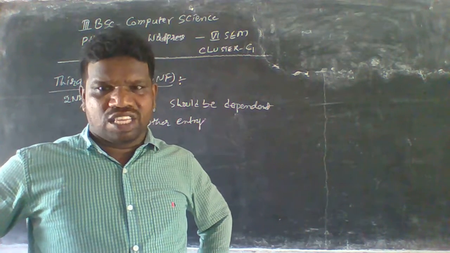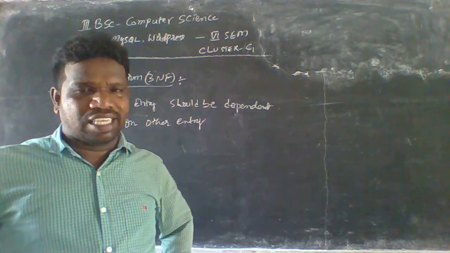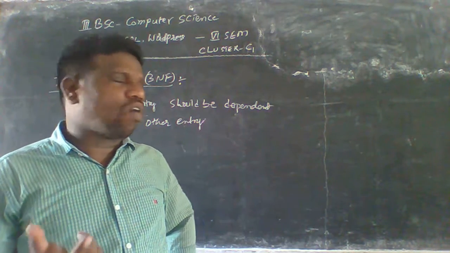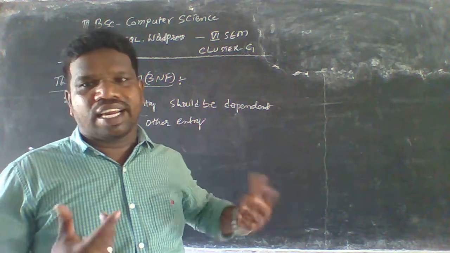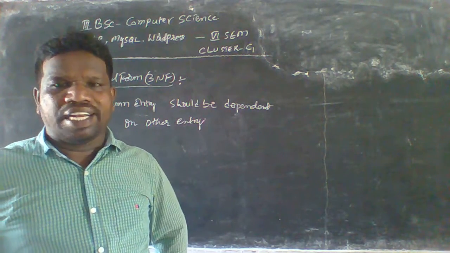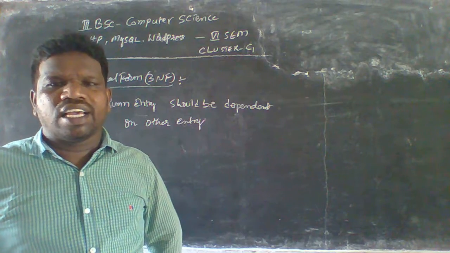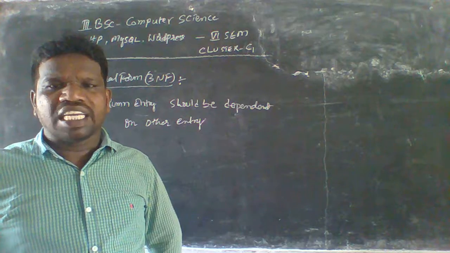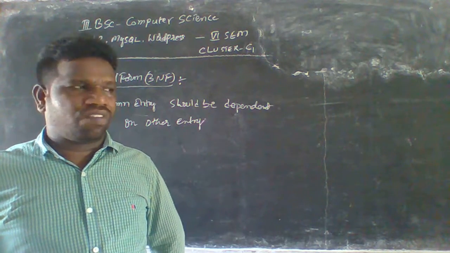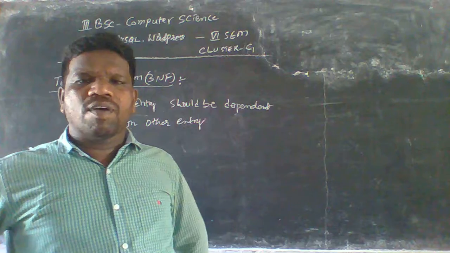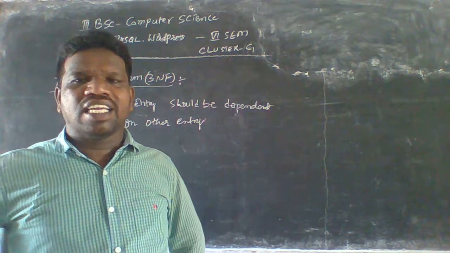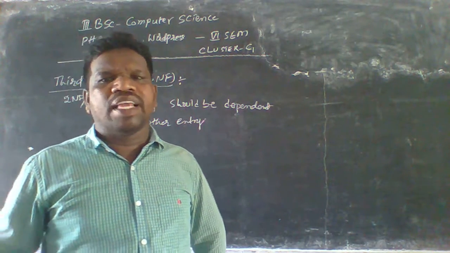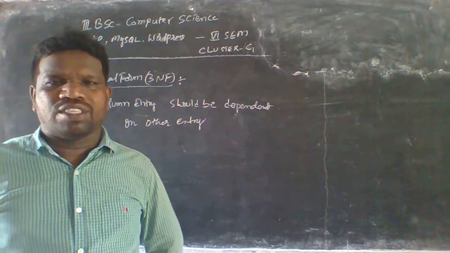The third normal form says the entity should already be in the second normal form, and no column entry should be dependent on any other entry value other than the key of the table. If such an entity exists, move it outside into a new table. Then the third normal form is achieved, and the database is considered normalized.